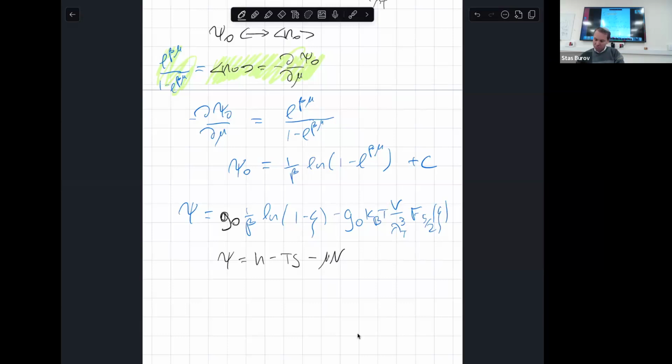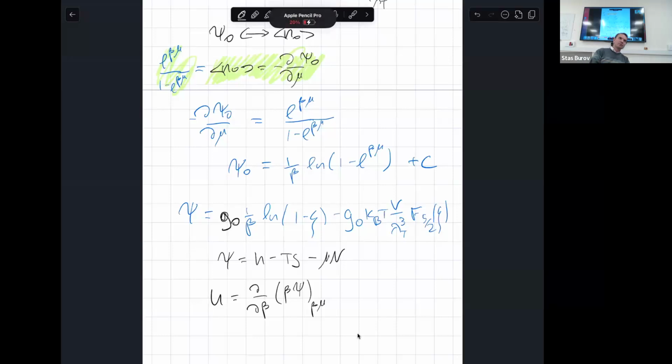So u equals some derivative with respect to something. What I have to take the derivative of, we showed previously: for any potential, you have to take the appropriate derivative. For the grand canonical potential, you have to take the derivative with respect to beta of beta psi, keeping beta mu constant.